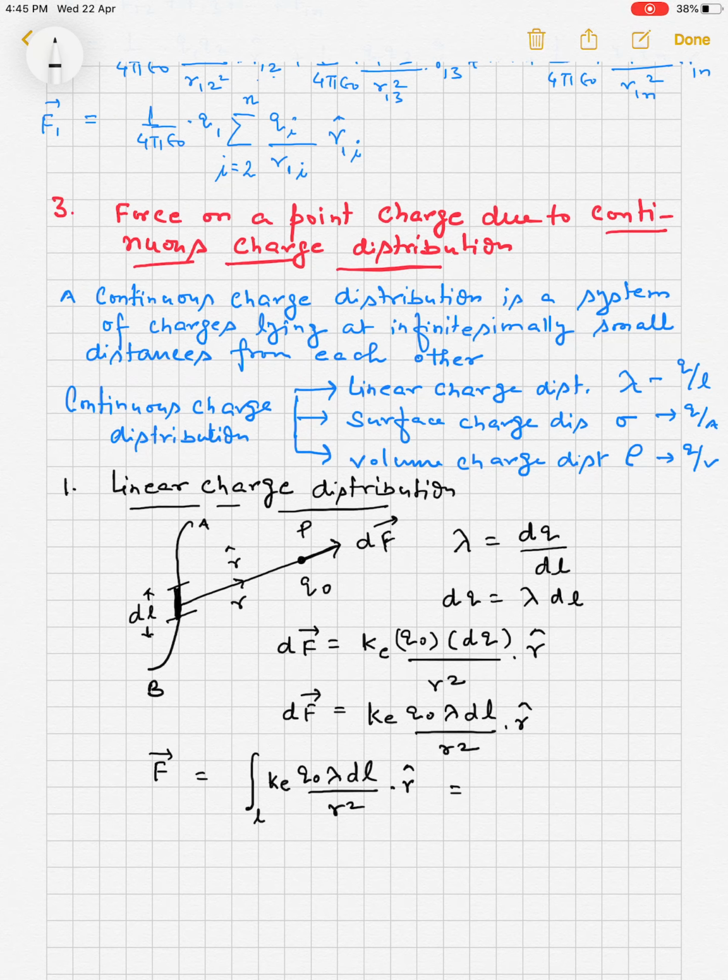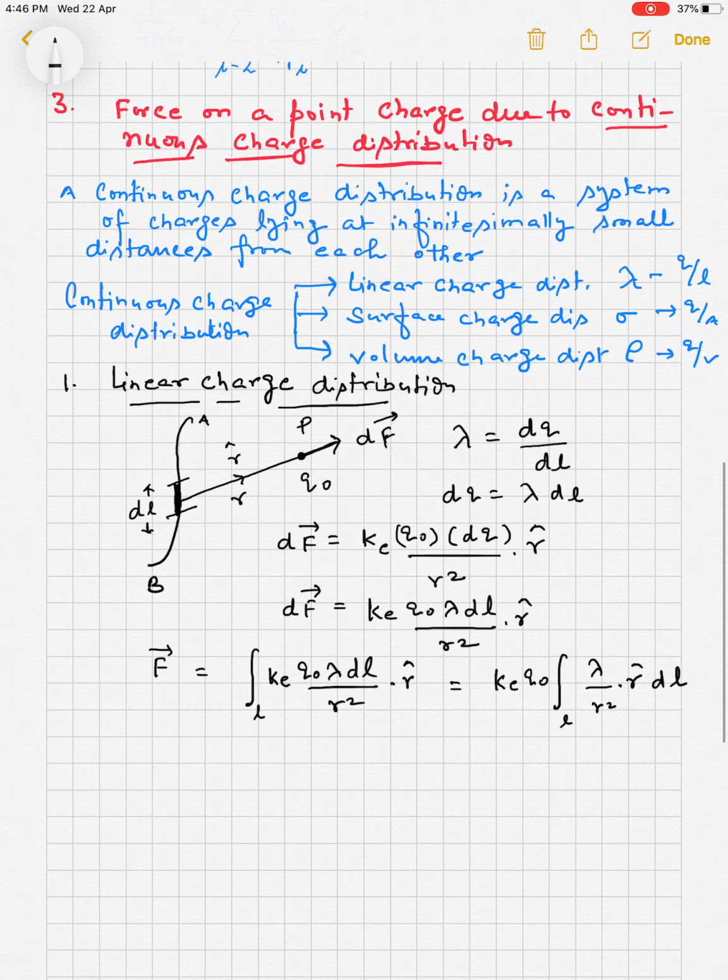Taking the constants outside the integration sign, F is Ke Q naught integration over the entire length L of lambda upon r square into r unit vector dl. In this way we can find the force due to linear charge distribution.